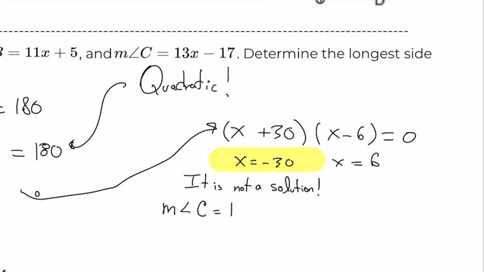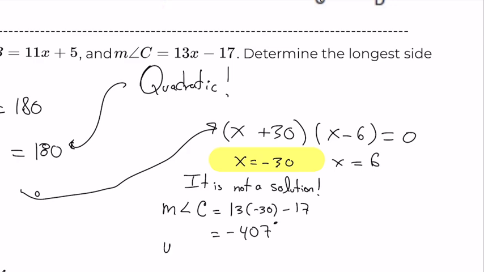So for example, when I plug it in here, 13 times negative 30, minus 17, that gives me negative 407.